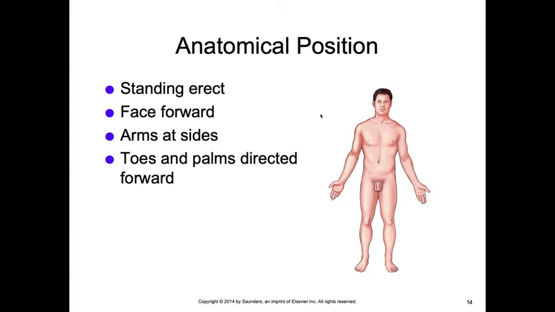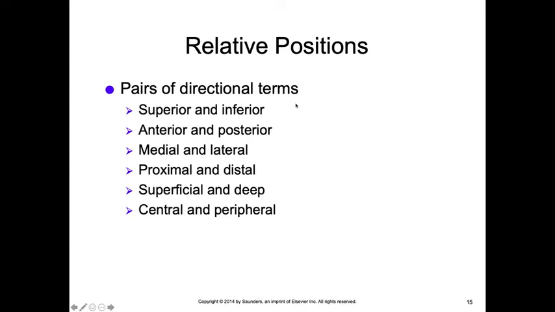As an example, there are directional terms that come in pairs that we need to learn. Superior, meaning closer to the head, and inferior, closer to the feet. So we would say, for instance, that your knees are superior to your ankles, and your chin is inferior to your nose.